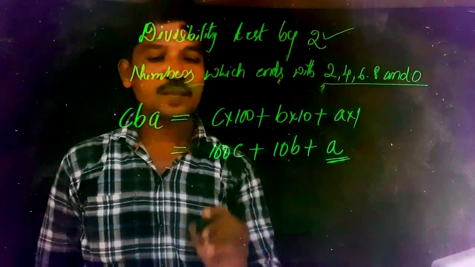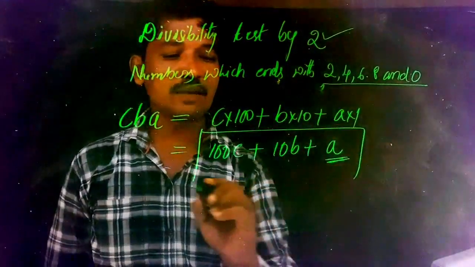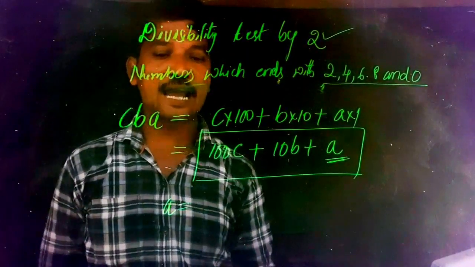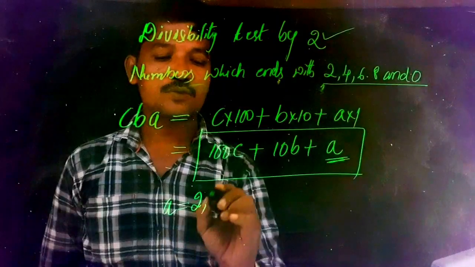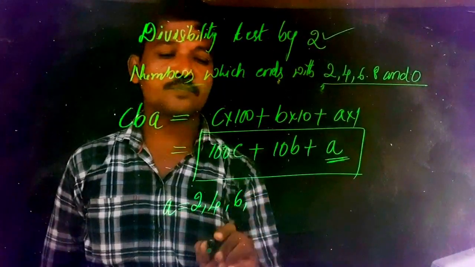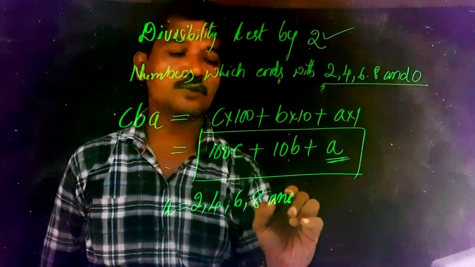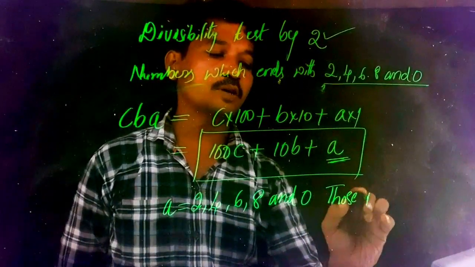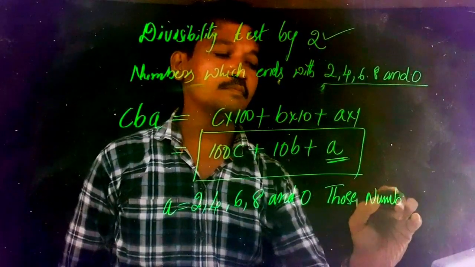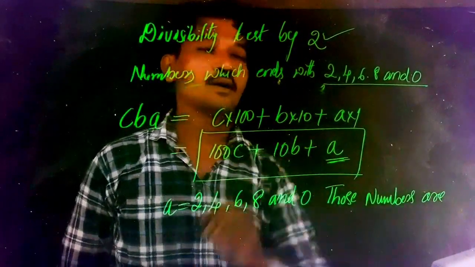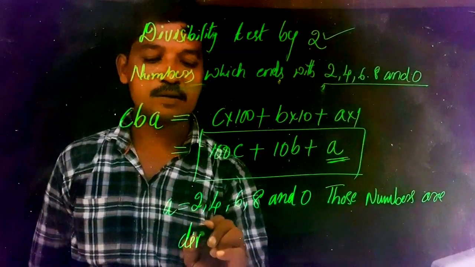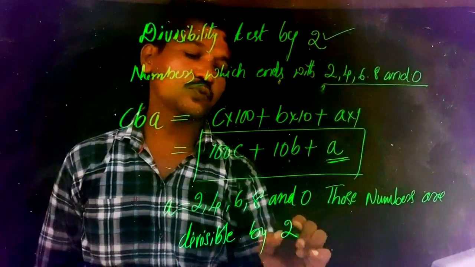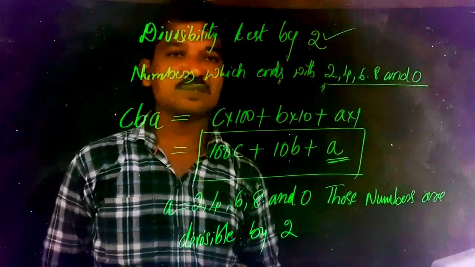What is it? A. Here also, the A value, if it is 2, 4, 6, 8 or 0, those numbers are divisible by 2. Yes, those numbers are divisible by 2.